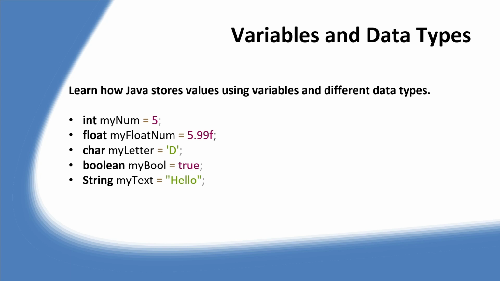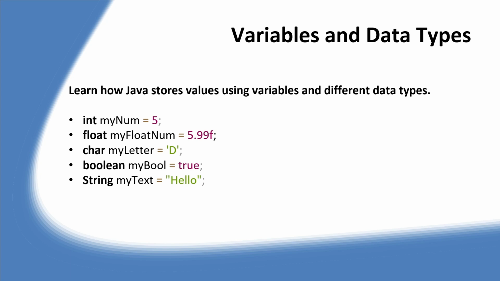So we have seen what a variable is. A variable is a named memory location and it is used to store data. The value can change during program execution.